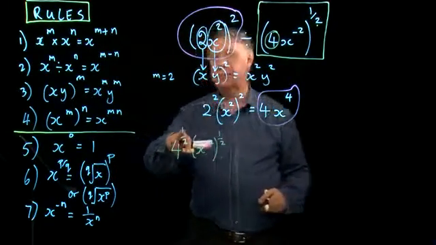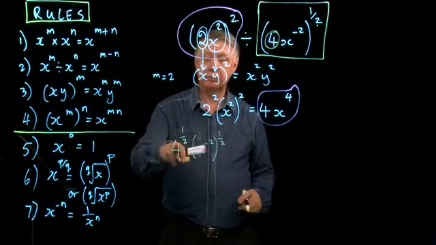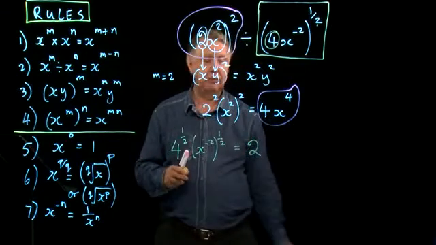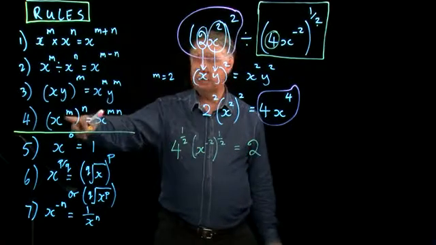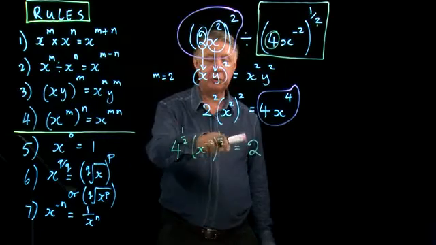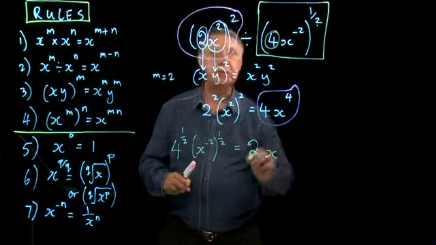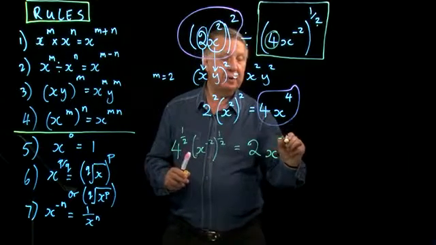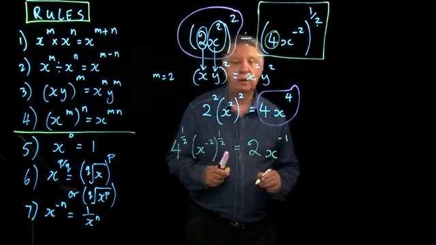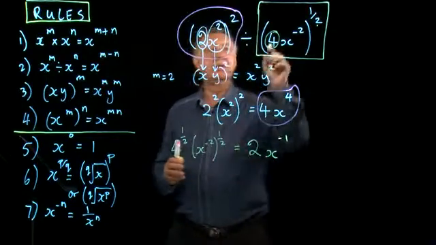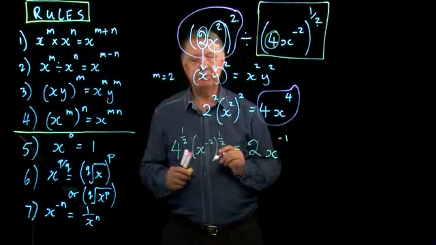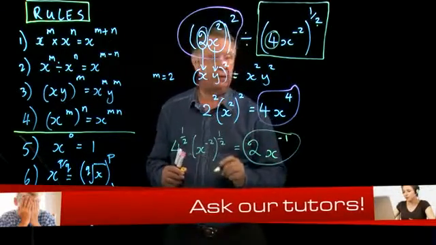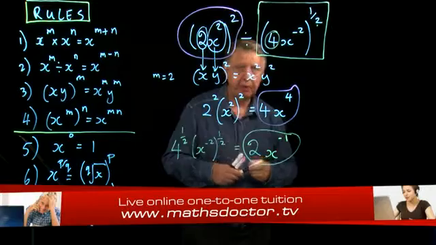Remember what power a half means? It means the square root. 4 square rooted is 2. Rule 4 tells me a power to a power, I multiply them together. Negative 2 times a half is negative 1. So I've now got the yellow box worked out.